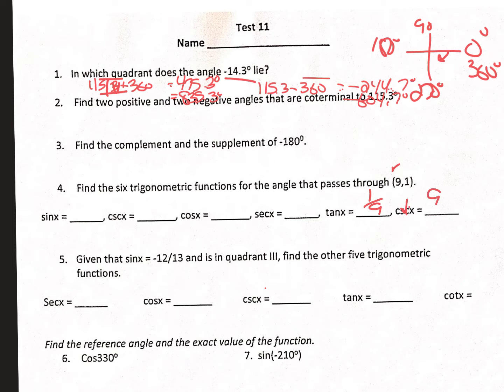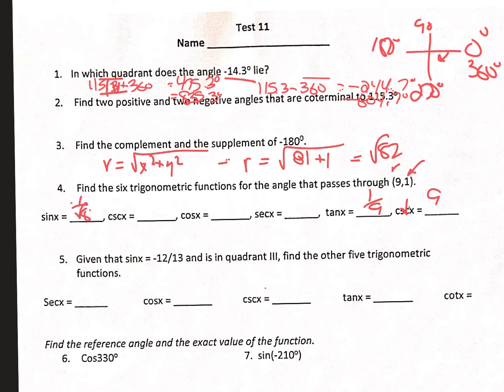To do this, you need r. Don't forget what r is. R is the square root of x squared plus y squared. All right, so I'm going to say r is 81 plus 1, which is the square root of 82. So sine is y over r, 1 over the square root of 82. You need to fix that and make it look like this.